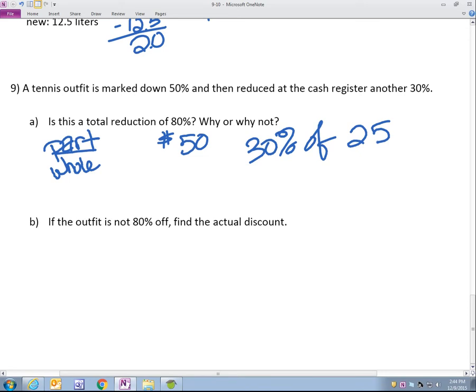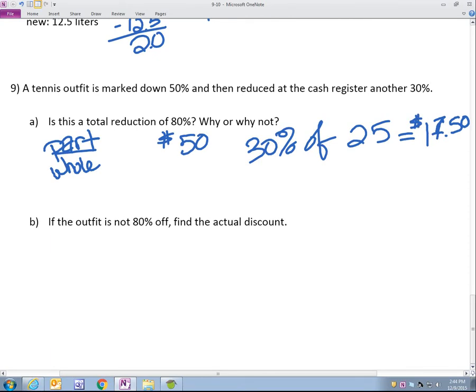Well, let's look at this. 30% of 25, so we would try to find that out. We're going to estimate that. I'm going to use the 10% or the 1% thing. So it's 2.5 times 3, which is 7.5. So I'm going to take $7.50 off. So I just found really fast that $17.50 is what it would cost at the end if it was $50 originally.